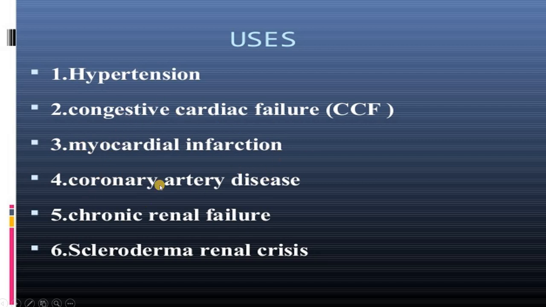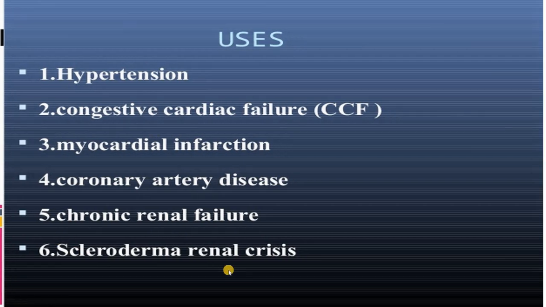Next is coronary artery disease. When the patient has any disease in the coronary artery, we should prescribe these antihypertensive medications to the patient. Next one is chronic renal failure. Whenever the patient's kidneys are not working, totally failed renal function, we should give the patient antihypertensive drugs like diuretics.